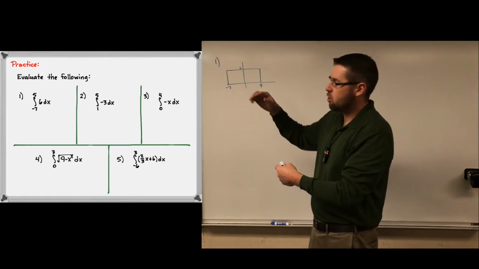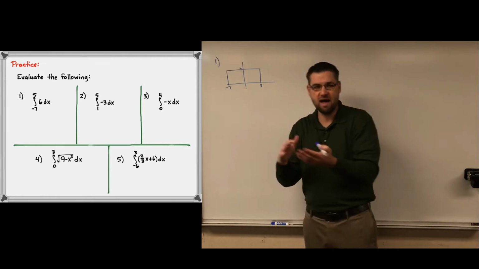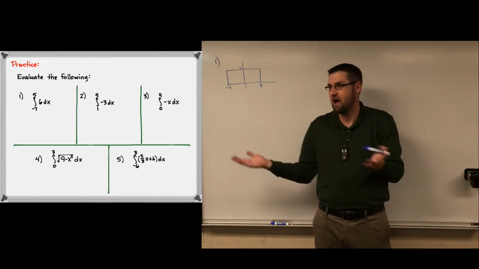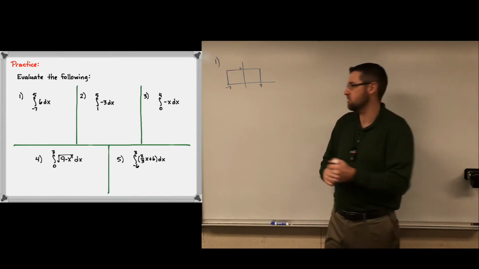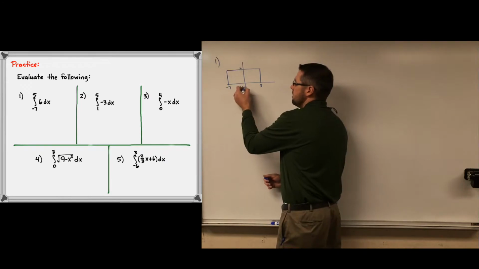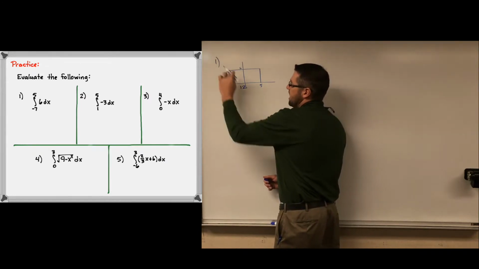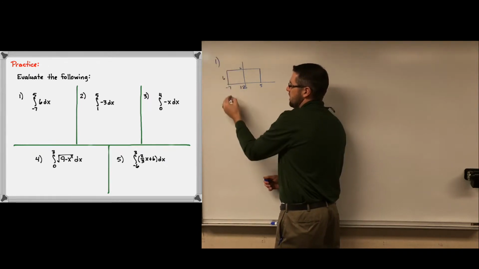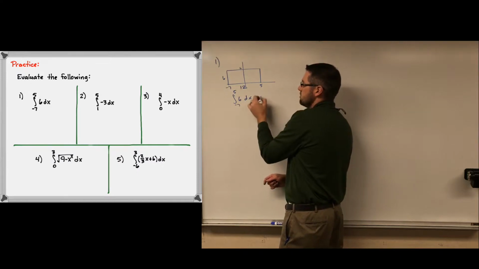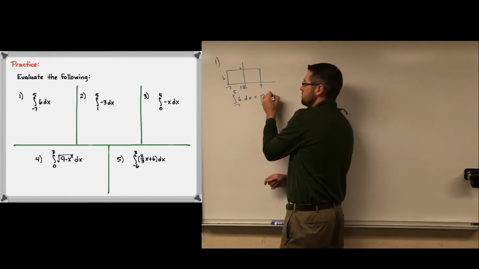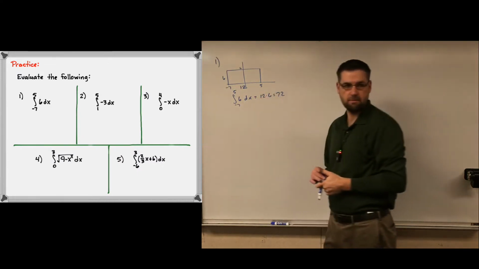But we are going from -7 to 5, and -7 is below 5, right? So there's nothing to worry about. How far is it from -7 to 5? It's 12. So that's the base. What's the height? 6. So then we would say the integral from -7 to 5 of 6 dx is equal to 12 times 6, which is 72, right?